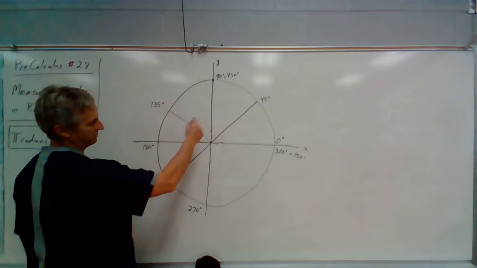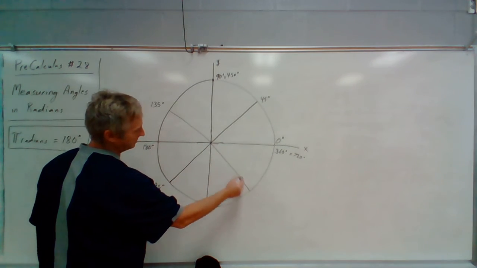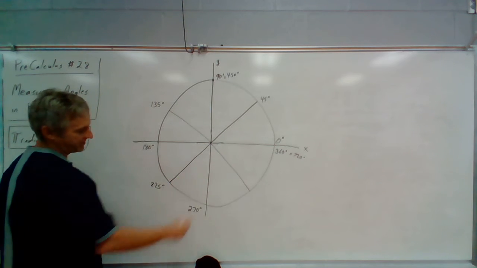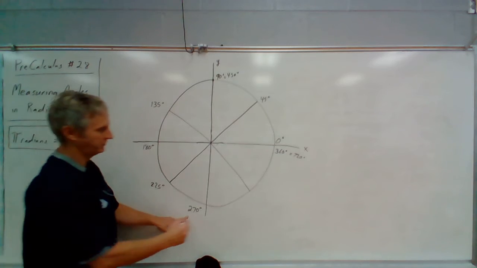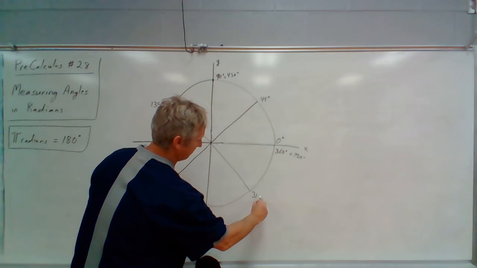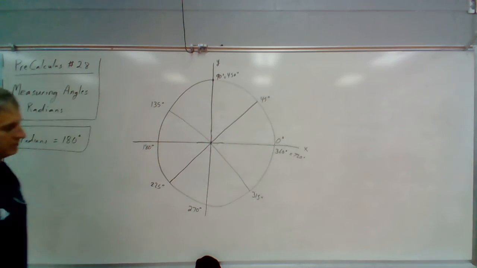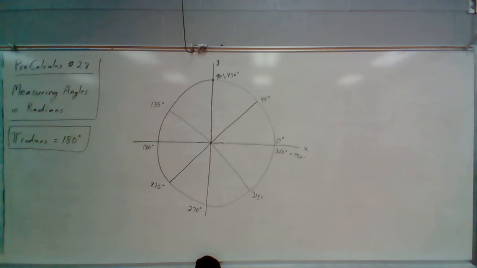What if I go all the way around to here? I'll start here at 0 and go all the way around. That'd be 270 plus 45 more, which would be 315. So you see how that works.